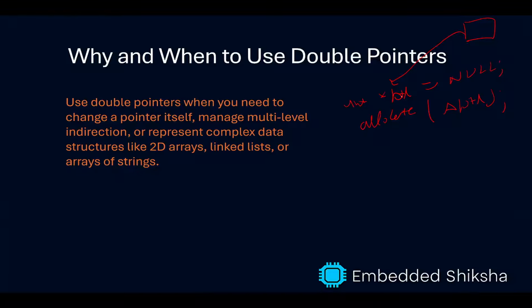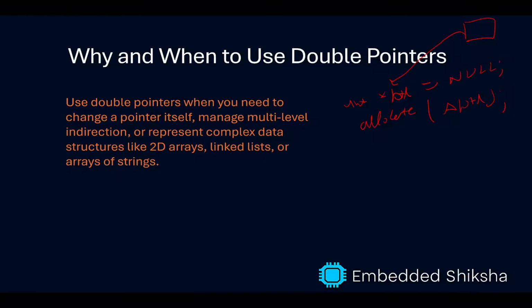If you want to see the value update in another function, you have to pass this argument as a pointer. Only then, if you make any change in the called function, will you see the effect in the caller function as well. That is why I am passing the address of this pointer to this allocate function.